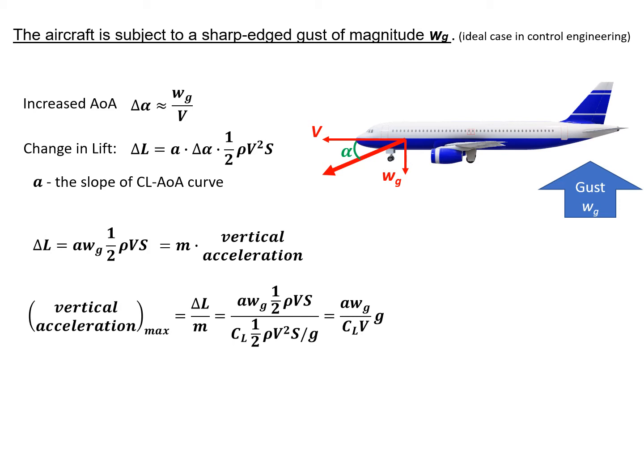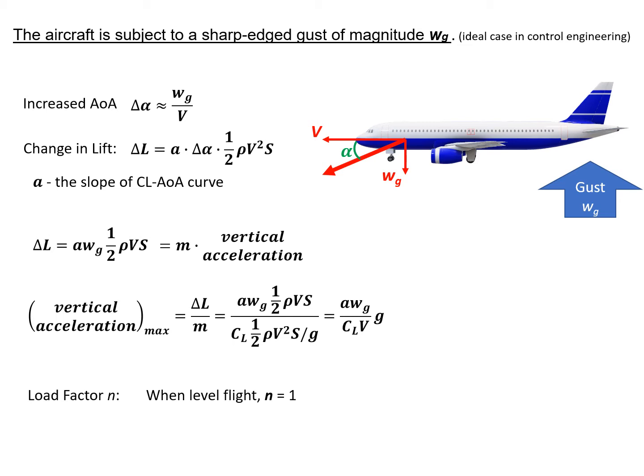And since we've discussed the load factor n before, we would like to represent this problem by the load factor, because the load factor measures whether that section of flight is comfortable. We don't expect a larger load factor for the passenger, especially for passenger aircraft.